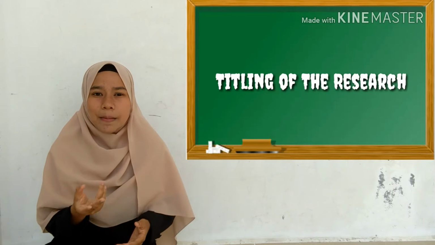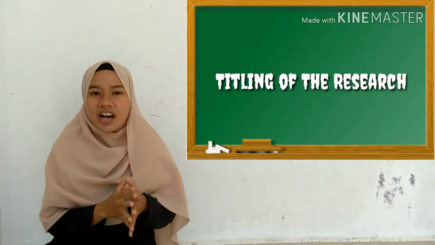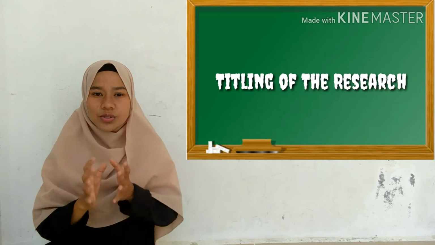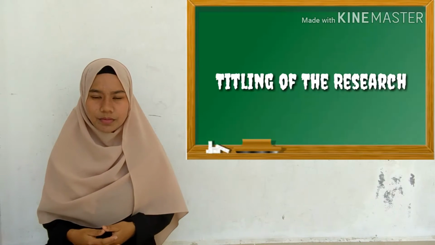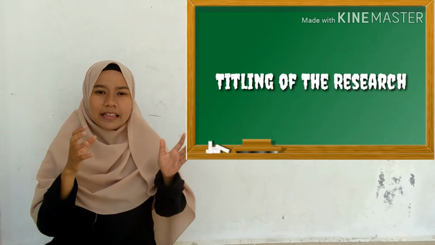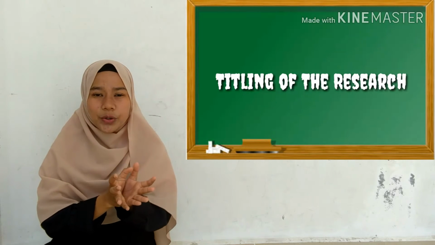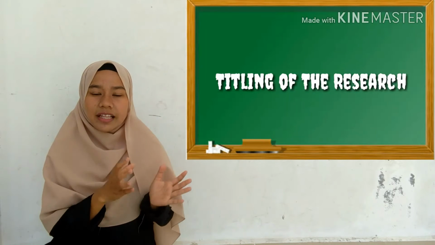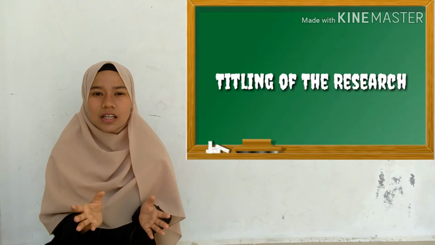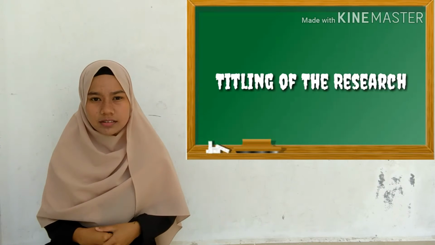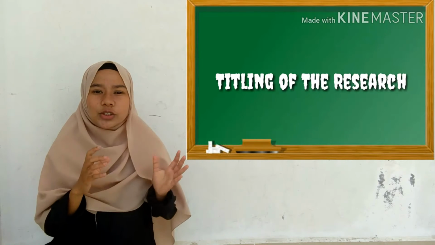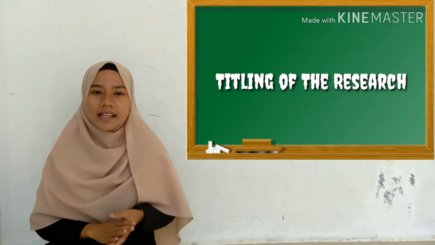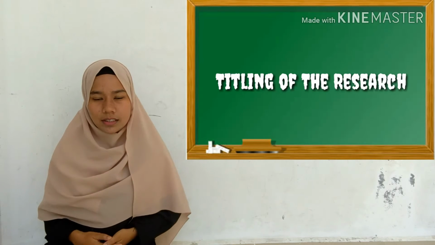Your title must differ from another student's and have not been researched. Before you select your title, try to find the problem related to your study or your title. And don't forget to write your title at the top center of the paper.